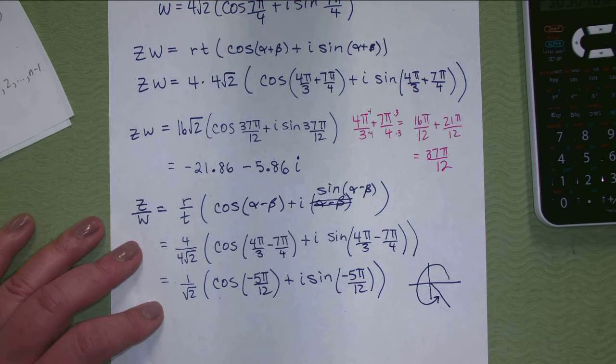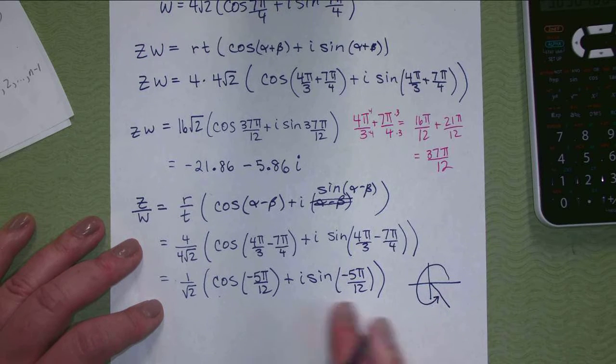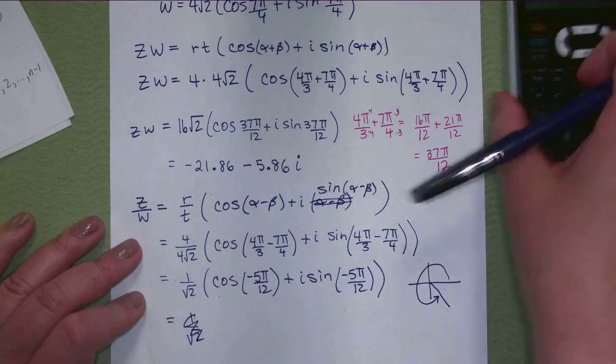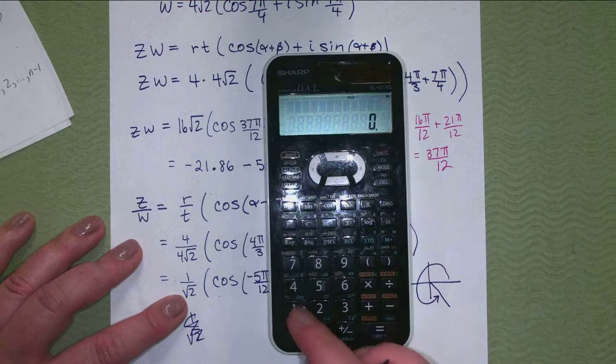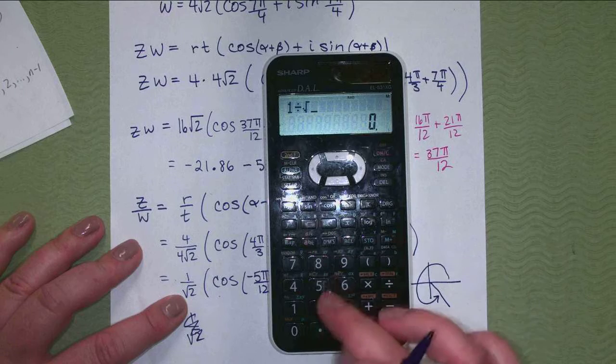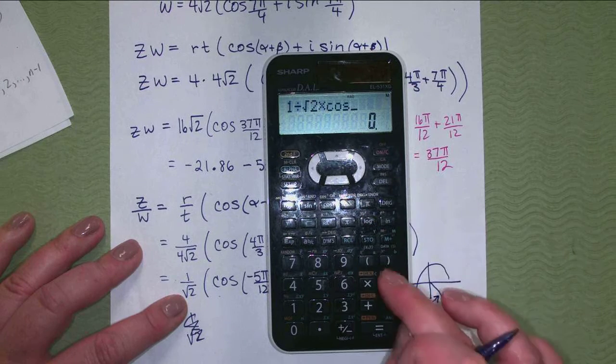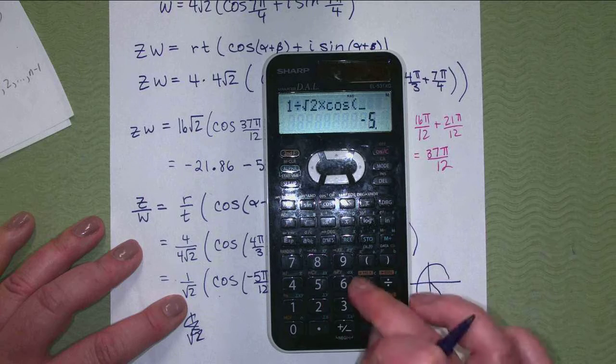You just plug this into your calculator. So again, I would do 1 divided by root 2 times cos, put a bracket, negative 5 times pi divided by 12, and my bracket.